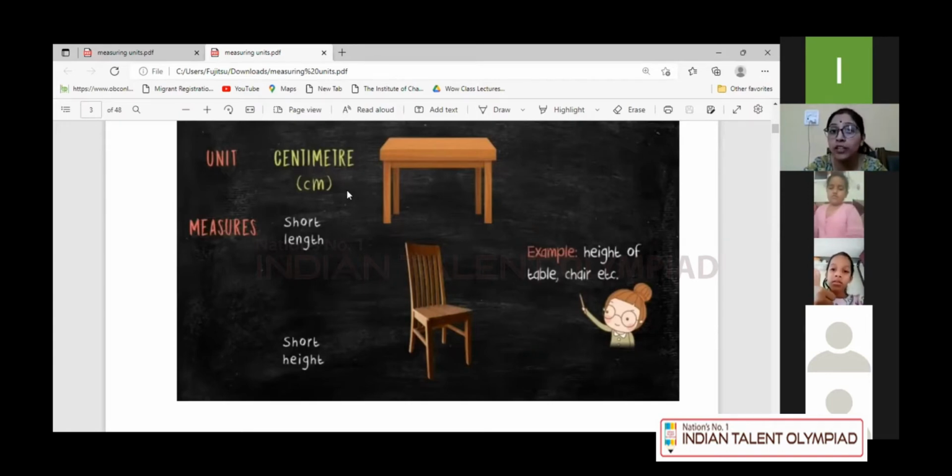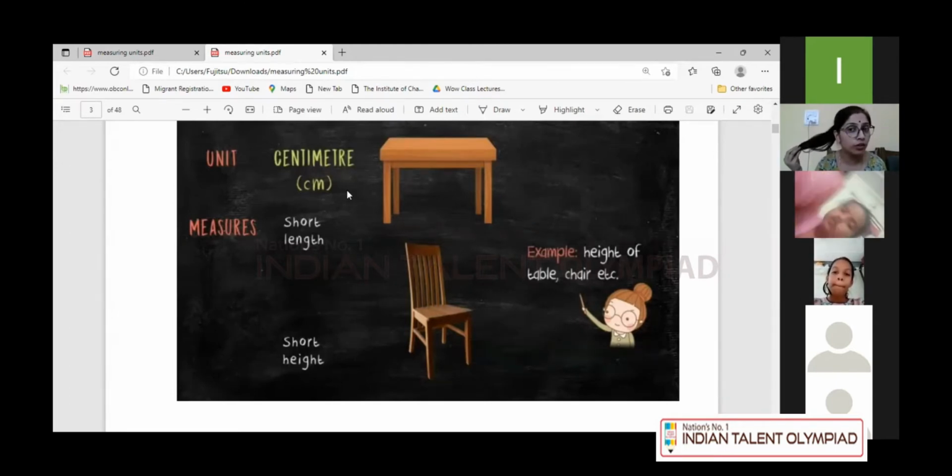In your school, when you go to school, there is a height and weight measurement, right? Your school teacher may take your height and weight. How do they do that? They use centimeter or a measuring tape to measure your height. It can be either in foot or in centimeter, right? Suppose I ask what is the length of my hair?